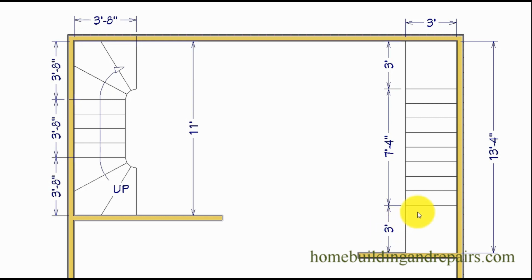So the steps, you'd step up here 1, 2, 3, 4, 5, 6, 7, 8, 9, and 10. So again, I'm using the landing as a step. So you would step up onto the second floor with this particular set of stairways. If I wanted to have the landing even with the top of the second floor, I would need to add another step to this one here.